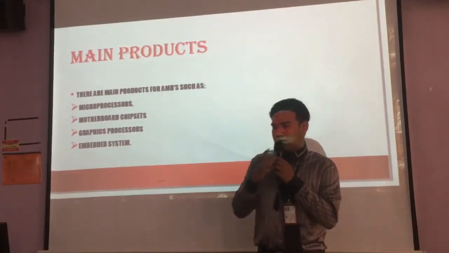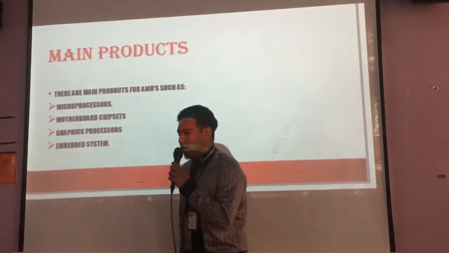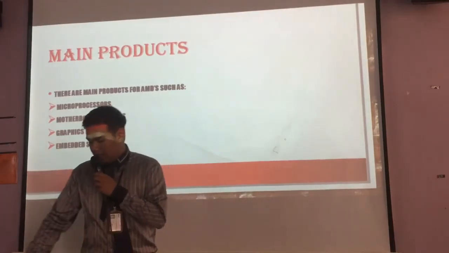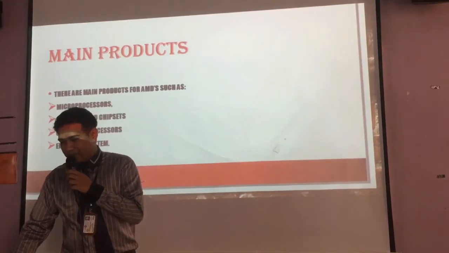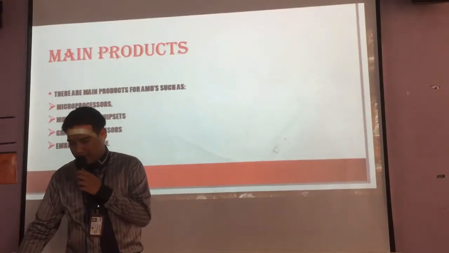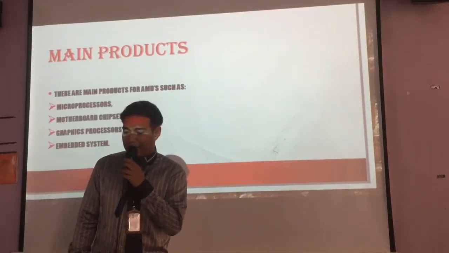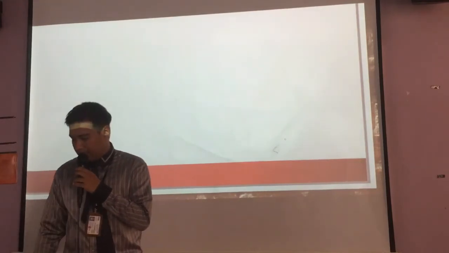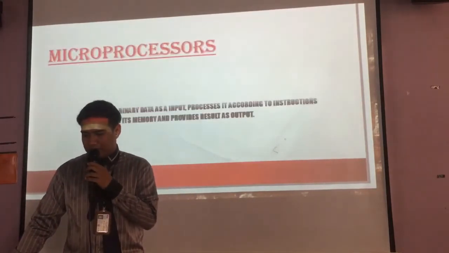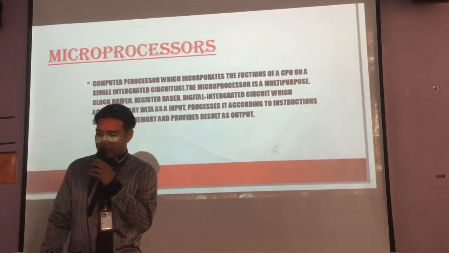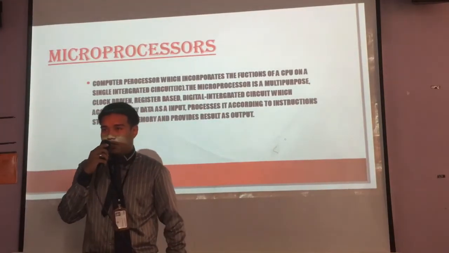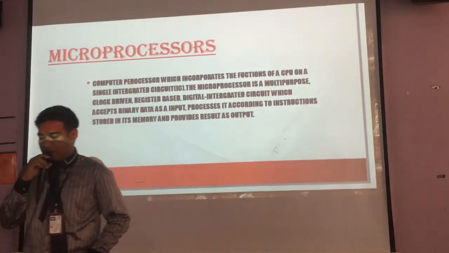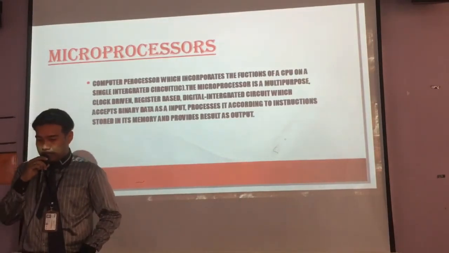Next, we're going to the main products of AMD, such as microprocessor, motherboard chipset, graphic processor, embedded system. First, microprocessor. A microprocessor is a computer processor which incorporates the function of a CPU on a single integrated circuit.